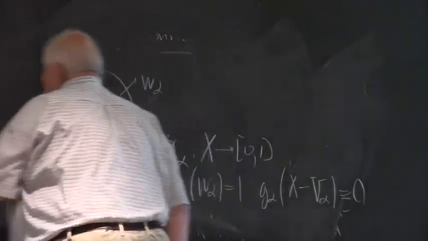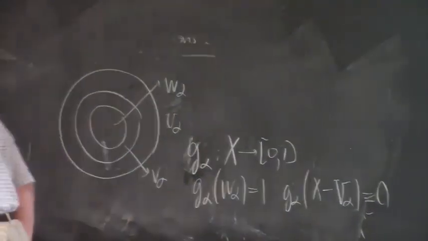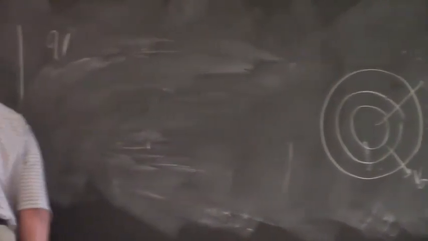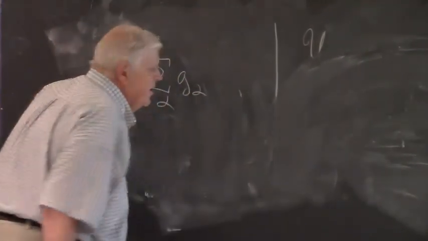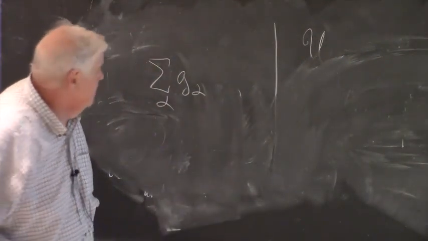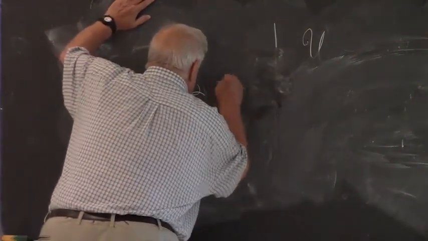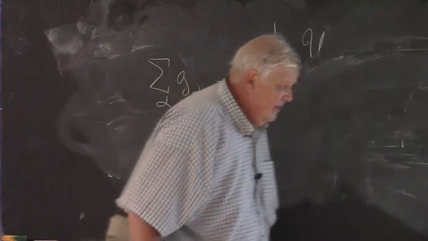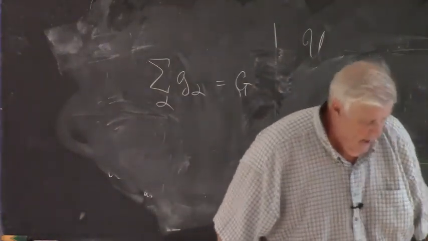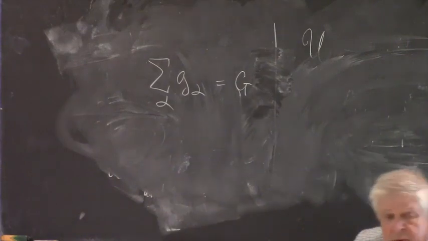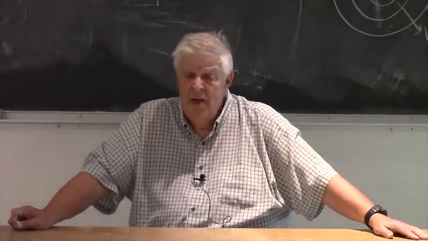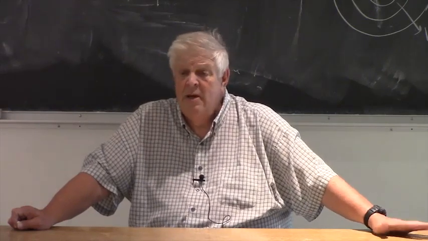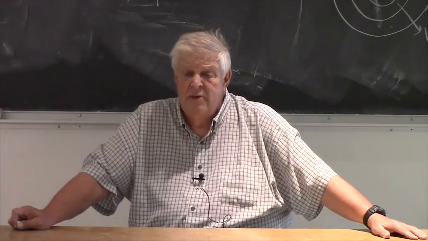Then we can take the sum of all these functions g alpha. This is some non-negative function. I already said to you that this sum is finite everywhere. So it exists, it's smooth. And also, locally, it is a sum of finitely many functions whose values are between 0 and 1.